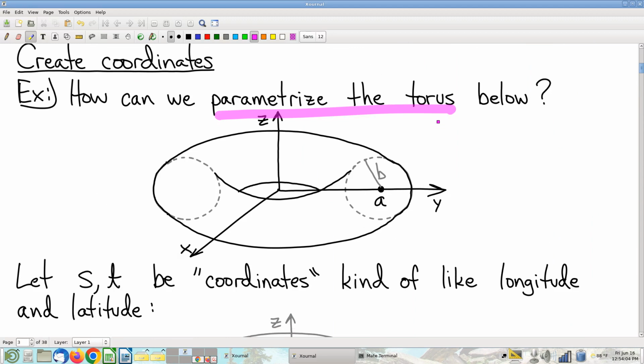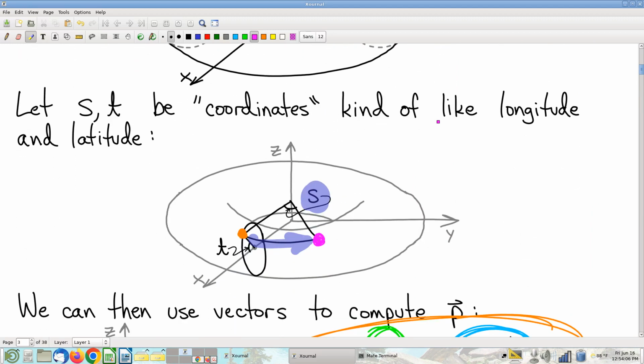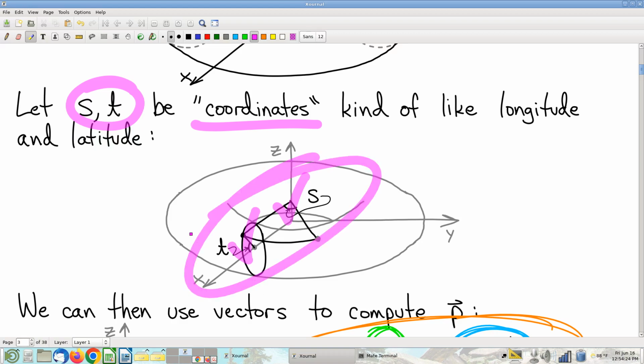And the foot in the door, the thing that allowed us to even get started in the first place, was we created a coordinate system. I let S and T be these coordinates, because it seemed reasonable and natural in this context. Having these coordinates, which ended up being my parameters, was the foot in the door. Everything else is details. Everybody with me?